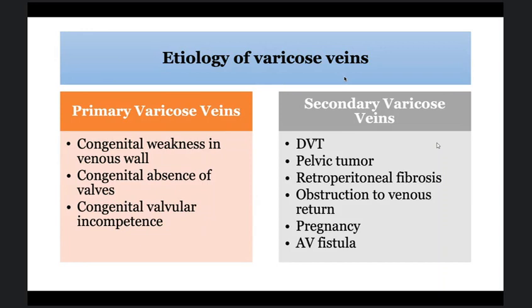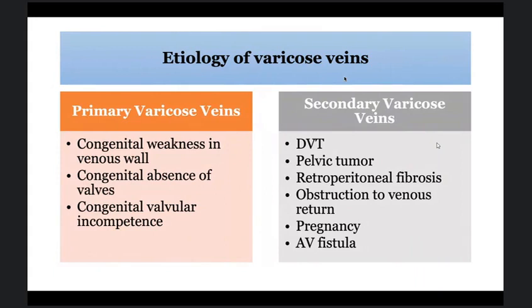Primary varicose veins are congenital in origin, due to either congenital weakness in the venous wall, where the smooth muscles in the wall of the veins are congenitally weak, or congenital absence of the valves.